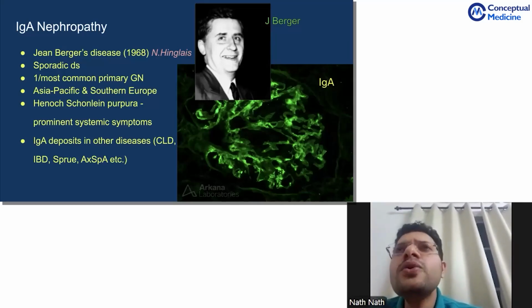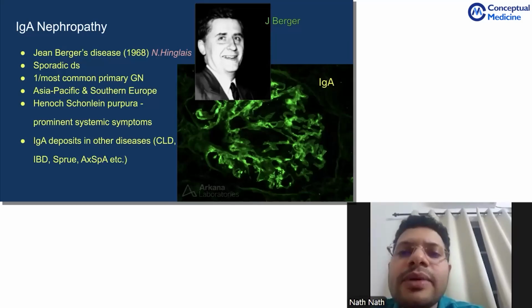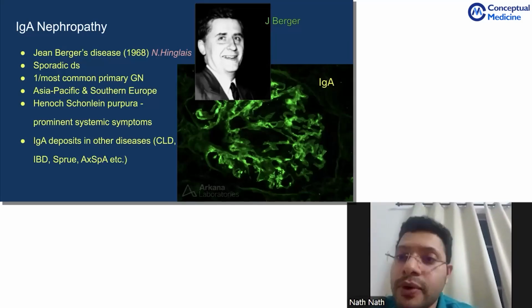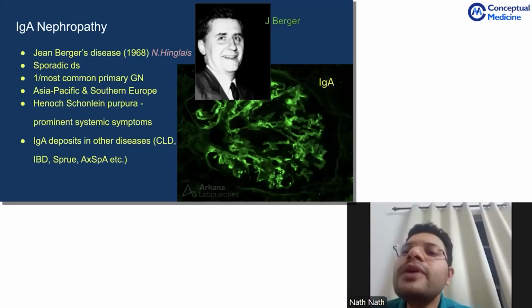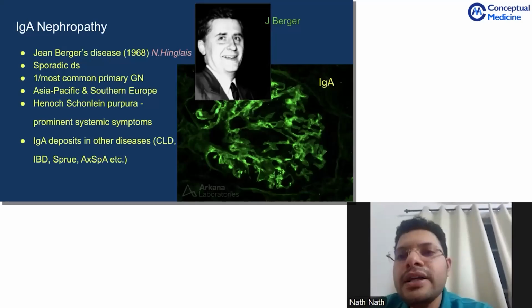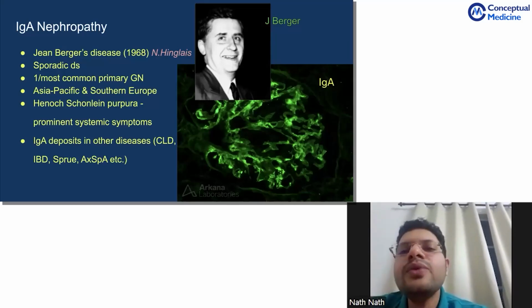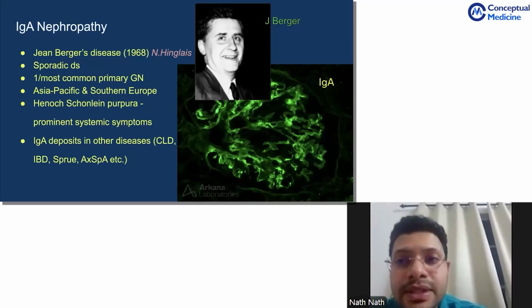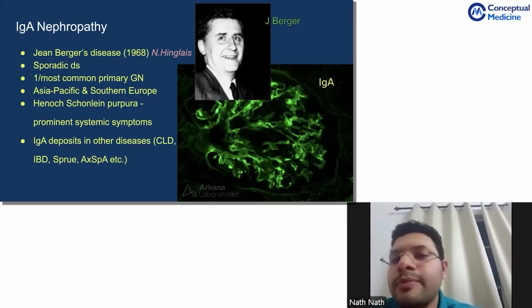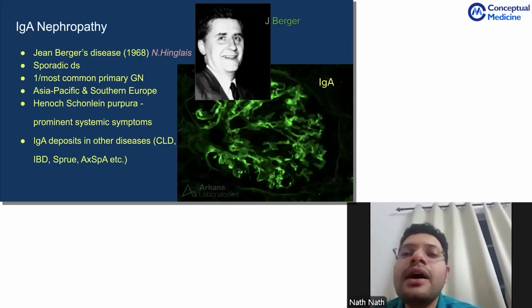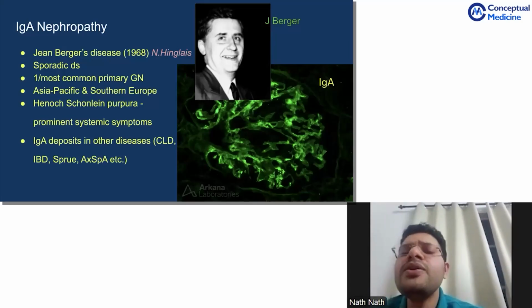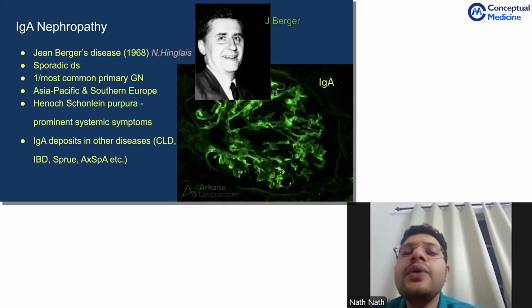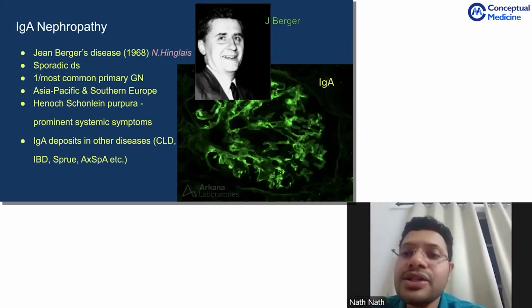And there is also a closely related disorder to IgA nephropathy, which is Henoch-Schonlein Purpura. Now, Henoch-Schonlein Purpura is generally seen in younger individuals, and you have prominent systemic symptoms. Namely, you have your arthralgias, you have constitutional symptoms, you have colicky abdominal pain, and also a very peculiar skin rash that generally affects the lower limbs and the buttocks.